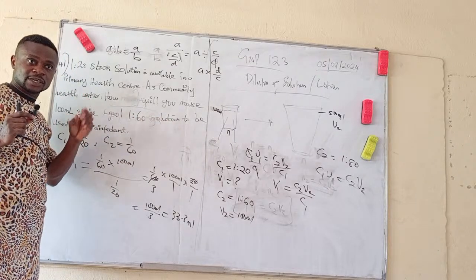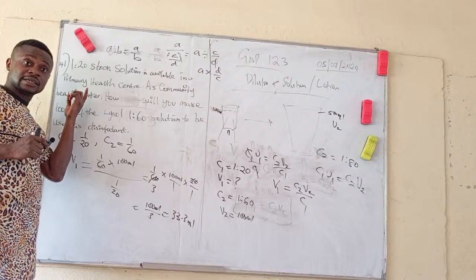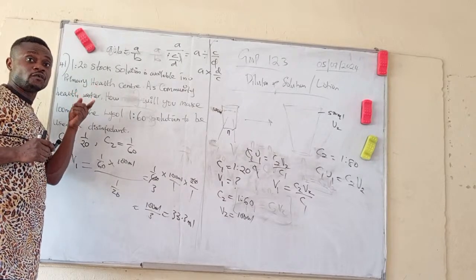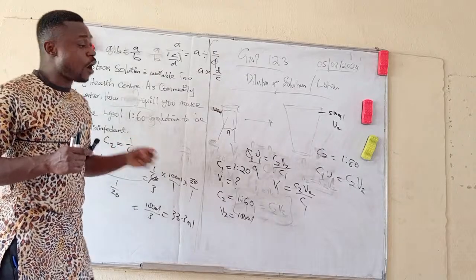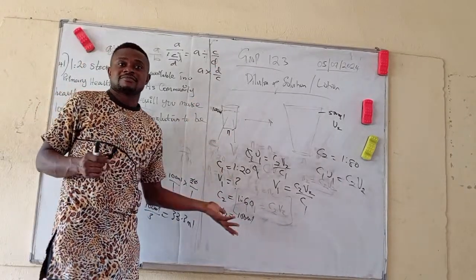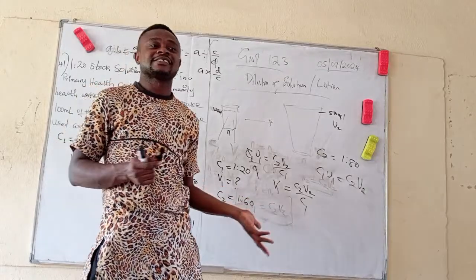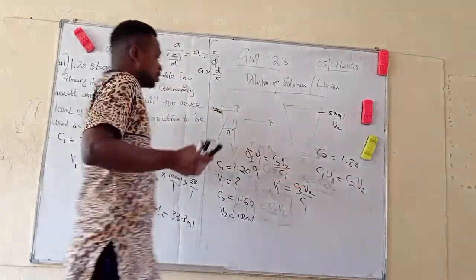A stock solution has a volume of 100 ml and concentration of 1:20. What volume of 1:60 can be prepared from it? V2. Is it clear now? It's simple.